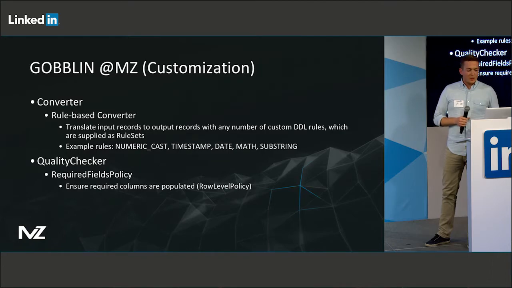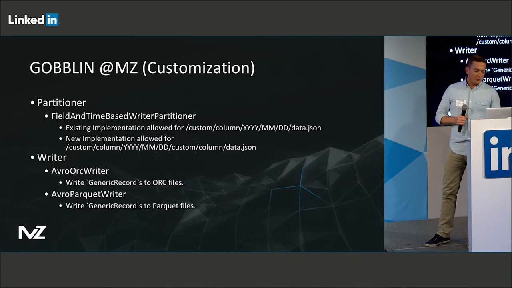For quality checking, we implemented a required fields policy, which basically checks to make sure that there are certain fields in the destination records. It's a row-level policy. So that's some other things we did. For the partitioning, Gobblin has a time-based partitioner, which had the ability to do schema columns before the time partition.